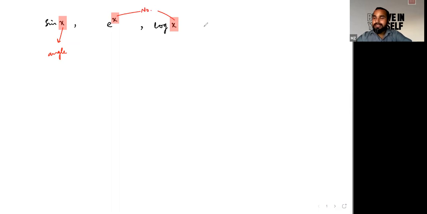If there are trigonometric ratios, suppose sin x, cos x, tan x, or any trigonometric function, similarly e to the power x and log x, in all of these terms x represents something. In trigonometry, x will represent any angle, and angle is a dimensionless and variable quantity. Similarly, in the exponential function and the logarithmic term, x represents nothing but a number, and a number is a dimensionless constant.